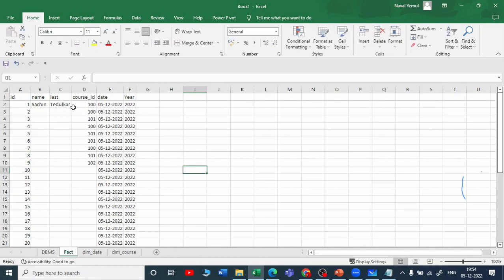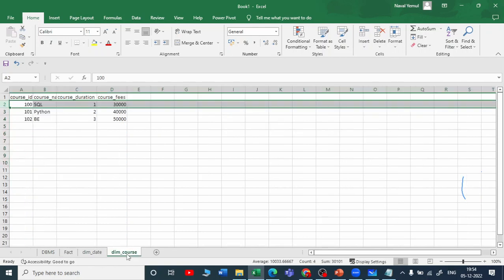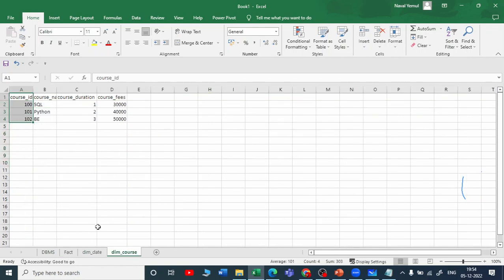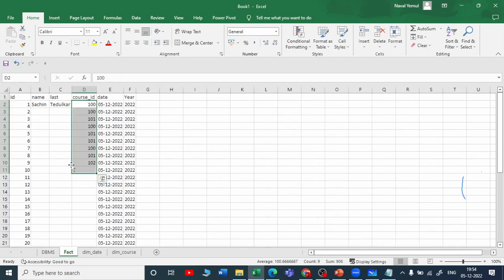If you see the course ID column, and if you look at the dim course, the course ID column, these two are matching. So I can create a relationship between these two. But when you look at the records here, there are so many repeated values here. You can see 100 is repeating so many times, 101 is also repeating so many times.